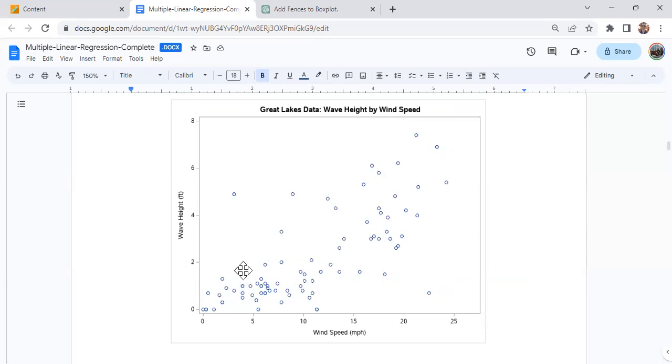But yeah, now that we've got the data here in this nice format, we can already see a little bit of a relationship here in the data between wind speed and wave heights, which maybe is not too surprising, right?